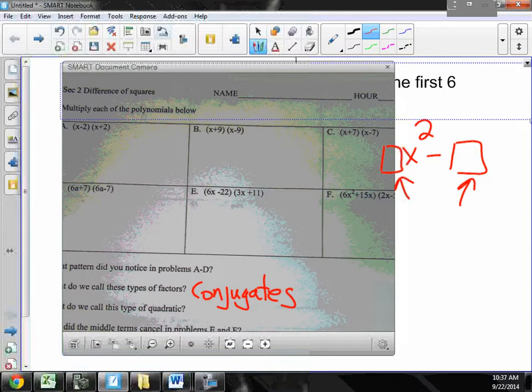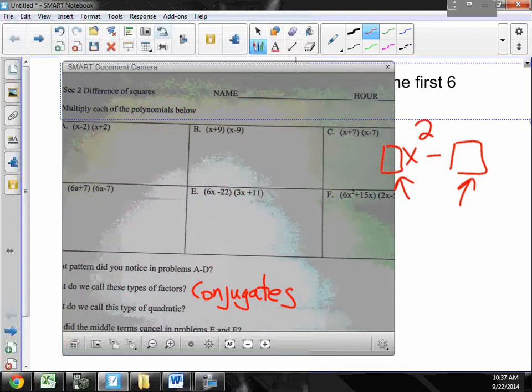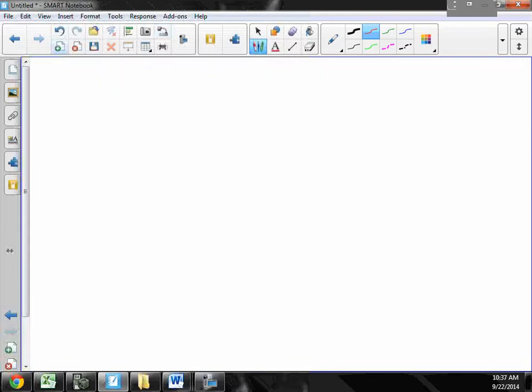So the first one you got 4, B you got 81, C you got 49, and D you had 36 and 49. So 4, 81, 49, 36. Those all have a pattern. See? They're all perfect squares.